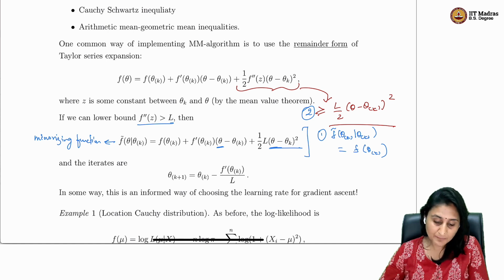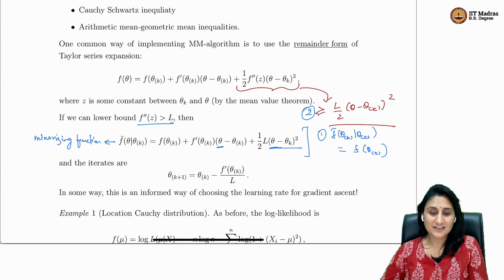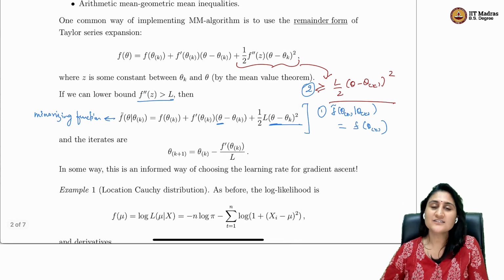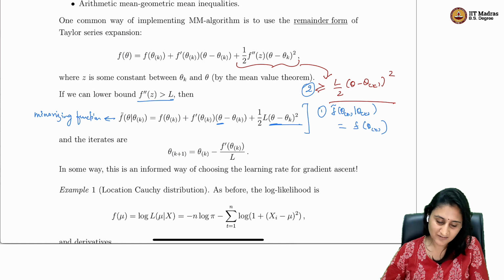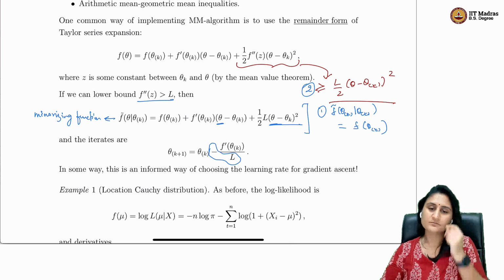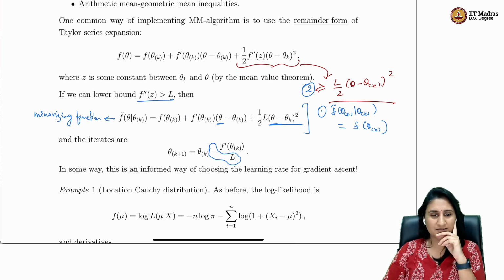Okay. And then because this minorizing function is nothing but a quadratic, I get the iterates, and the iterates are theta k plus 1 is equal to theta k minus f prime theta k divided by L. So what this is really doing, if you notice, is very similar to gradient descent, except I have this particular term here rather than the plus t term.